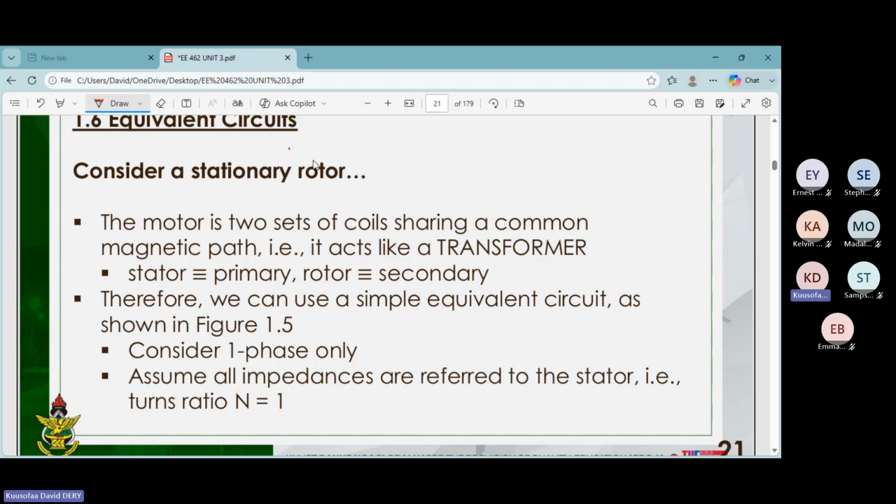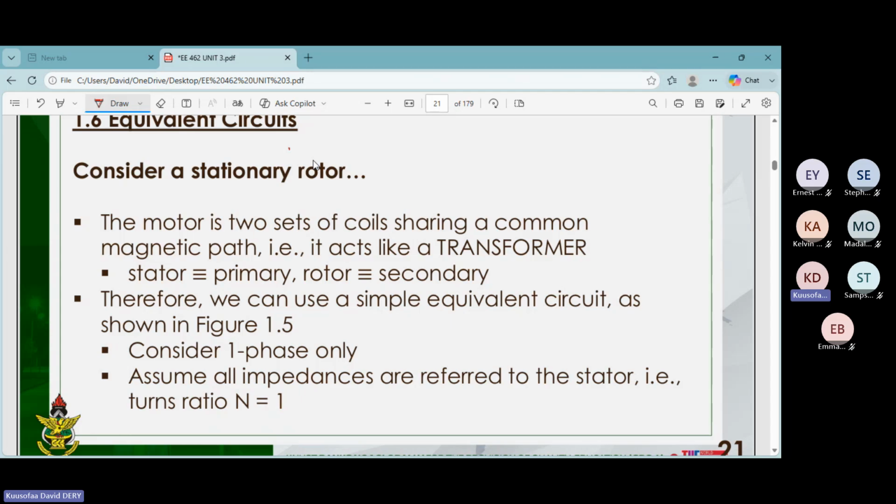Because the rotor conductors are short-circuited, the induced voltage also produces current flow, and that current also produces a magnetic field. The magnetic field on the rotor and that on the stator interact to create a torque, and that will turn the rotor.